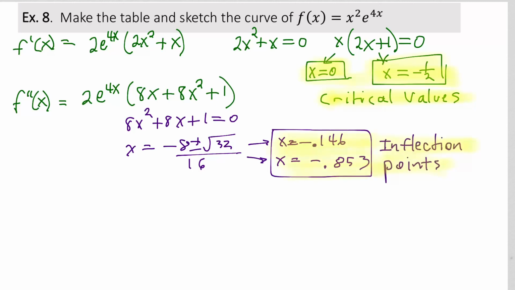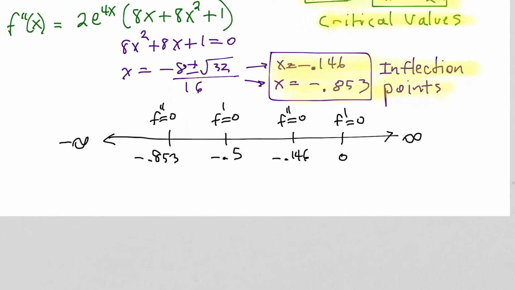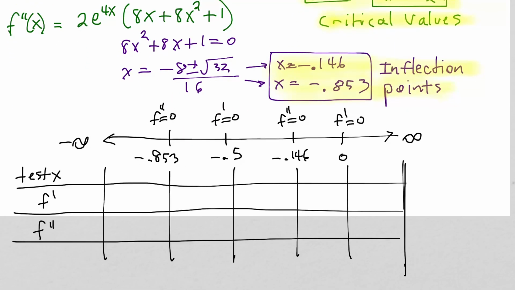So putting all of these values on my number line in order, I've got 4. So then I set up my table and I choose my x values. I'm choosing negative 1, negative 0.6, negative 0.2, negative 0.1, and 1.